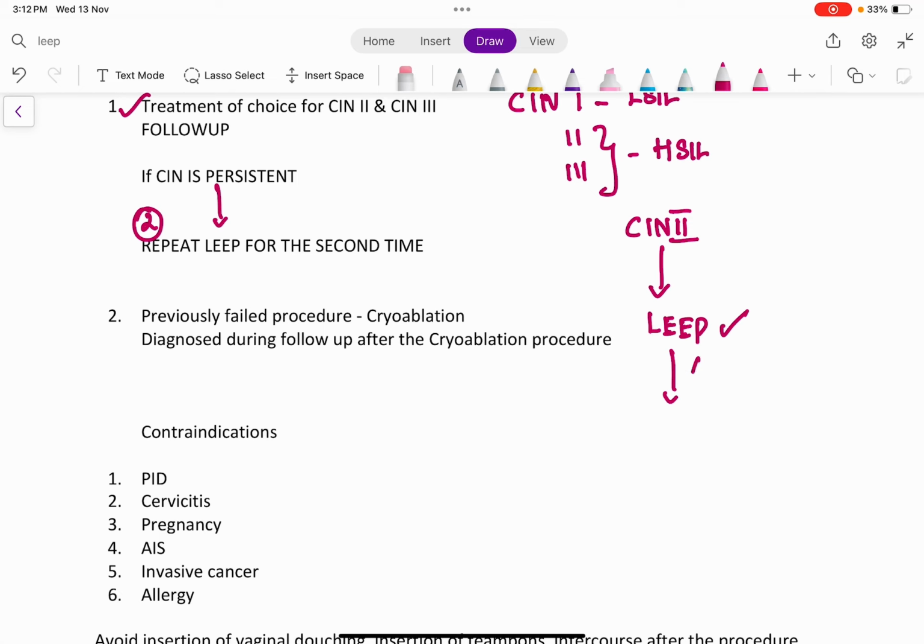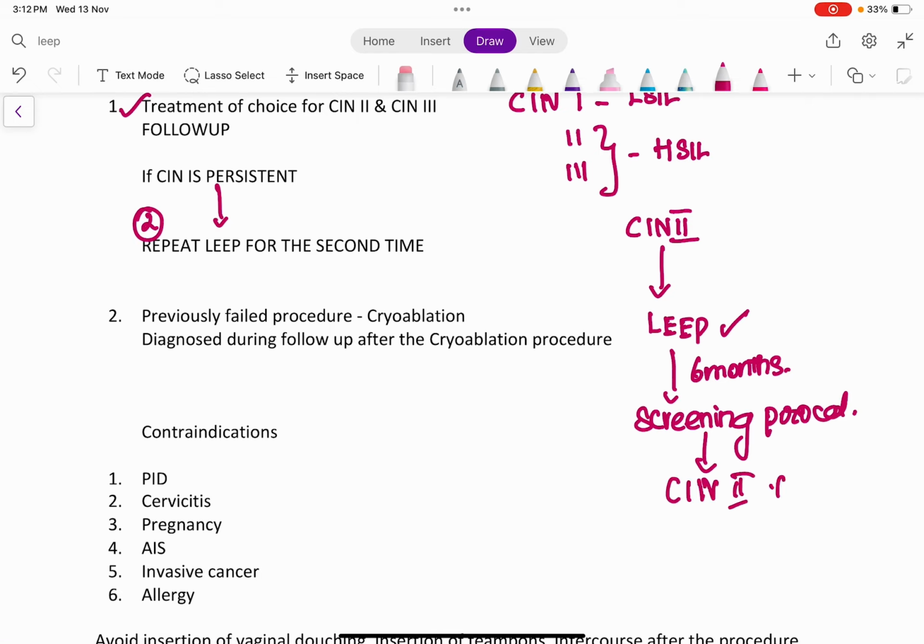Now the patient is coming to me for follow-up after 6 months, and I'm going to do the screening for carcinoma cervix in her, and during the screening I find that cervical intraepithelial neoplasia type 2 is still present. So if it is present, now what do you have to do? You can repeat this LEEP procedure for the second time. You have already done LEEP the first time and now you can repeat it a second time.